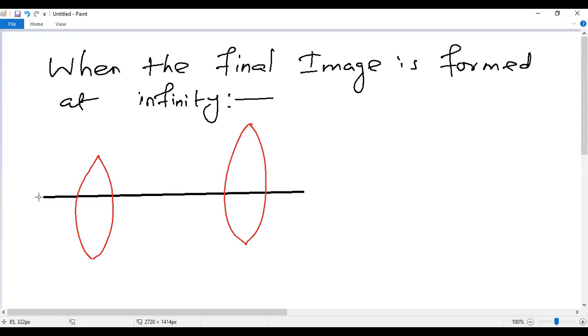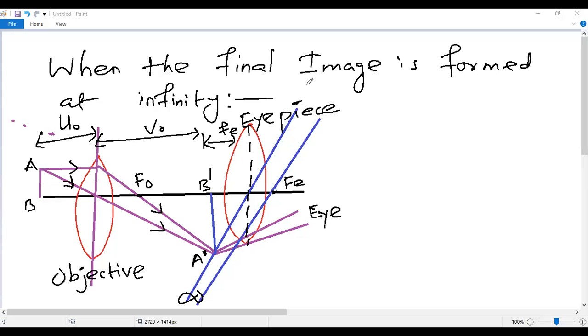Listen, this is the object position. Kindly wait, after that you can draw the diagram. Yes, when the final image is formed at infinity.